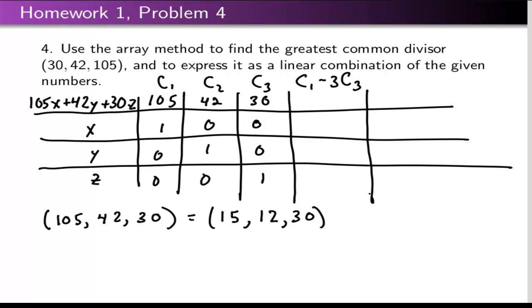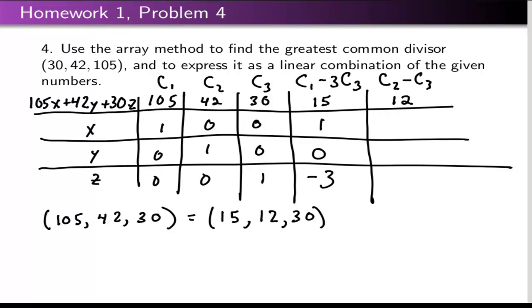So I wanted to get 15 here by subtracting 3 of these from there. So column 1 minus 3 of these, column 1 minus 3 of those, column 1 minus 3 of these, and then do the same thing to get 12 by going C2 minus C3.